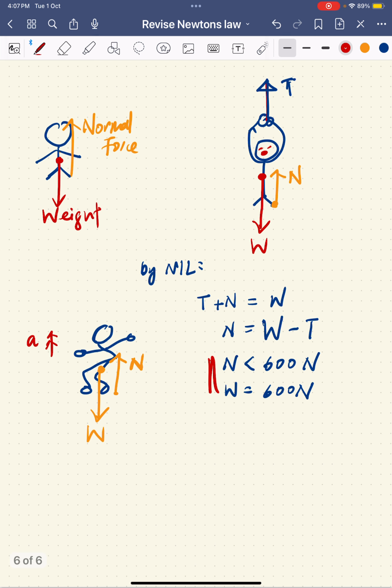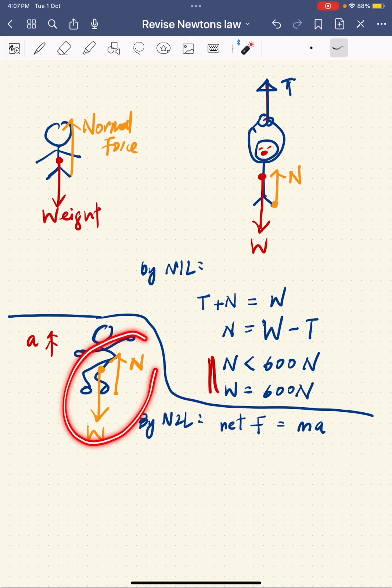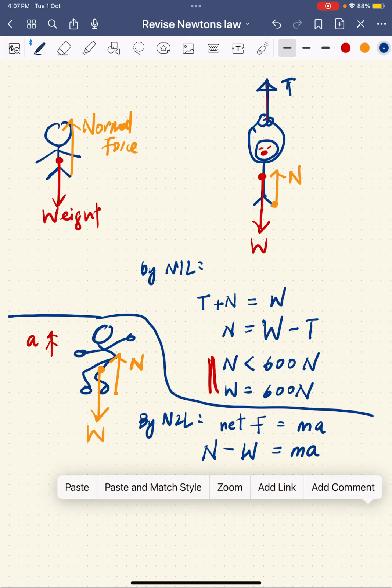So by using Newton's second law, since my acceleration is upwards, for the net force, one up, one down, my normal reaction force must be bigger, so that I have some leftover unbalanced force that is upwards. So N less W gives the product ma.